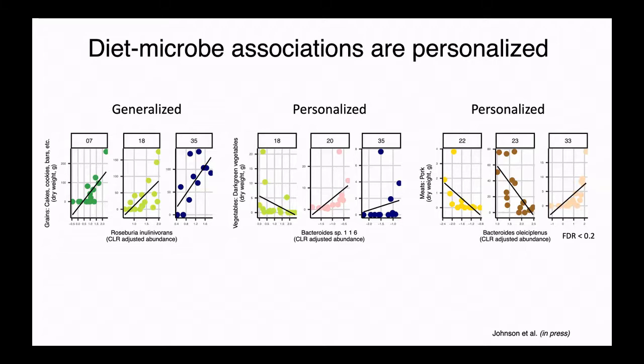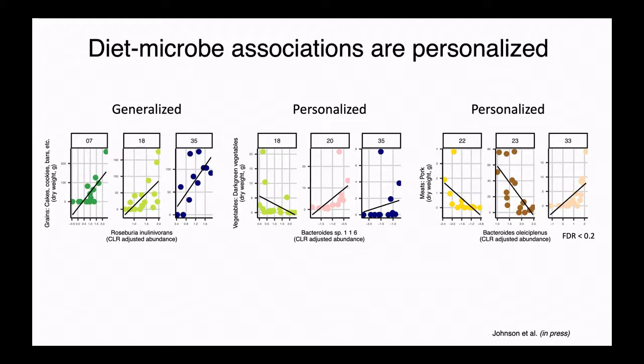And what we saw is that there were a few that were quite generalized. So some of these cookies and cakes and bars that tend to have a lot of chicory root or inulin fiber supplementation tended to be positively correlated with Roseburia inulinivorans, a bug that likes to degrade inulin, in a number of individuals.